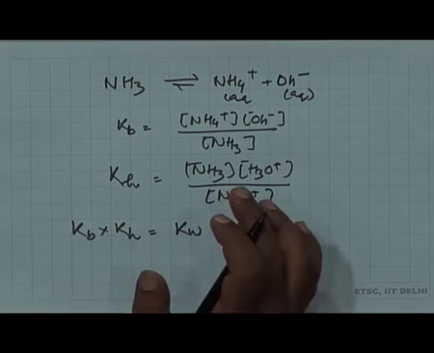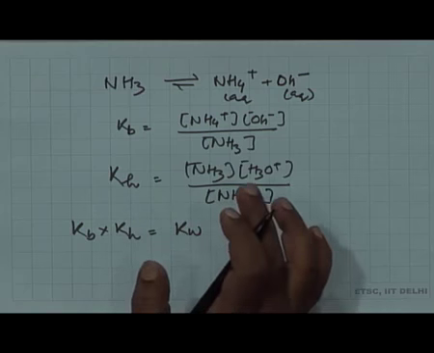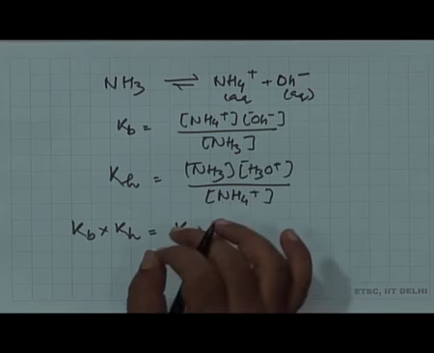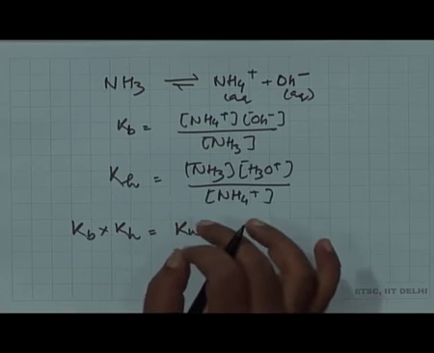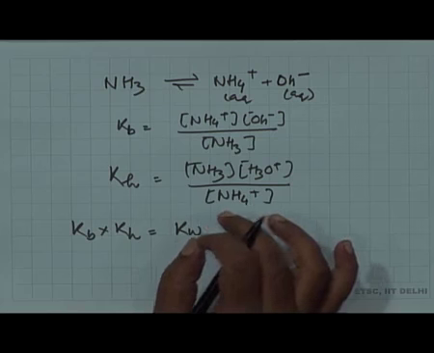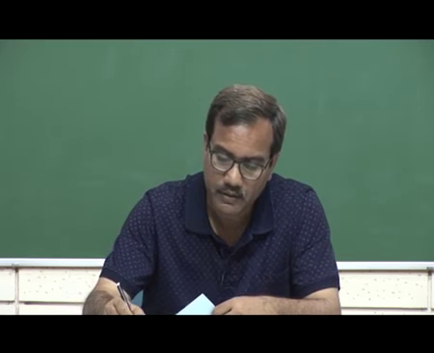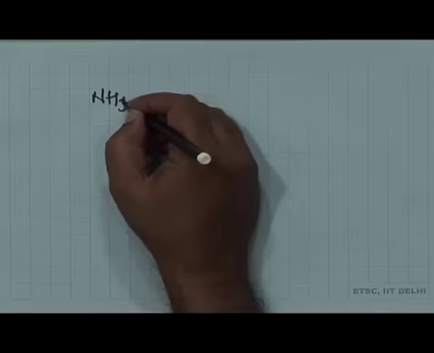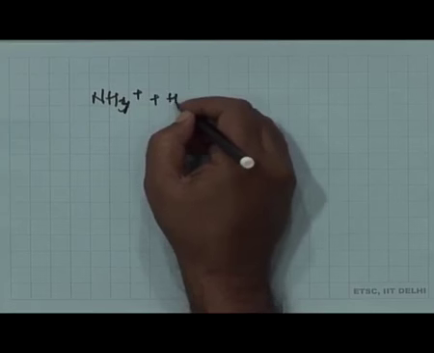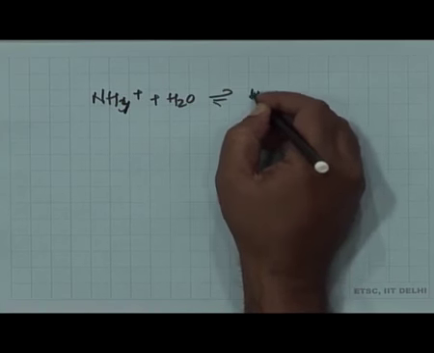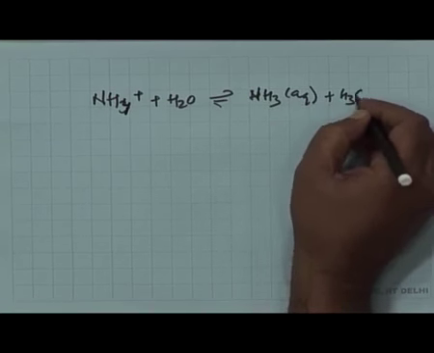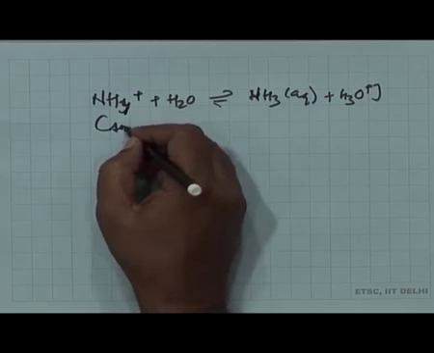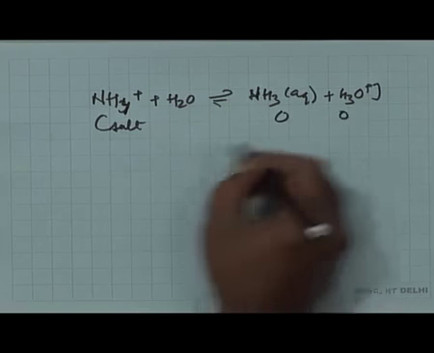If we know Kw and Kb of your weak base, we can calculate Kh, and once we know Kh, we can calculate OH minus ion concentration or H plus ion concentration. So, let us again write how we can calculate. This is NH4 plus plus H2O giving NH3 aqueous plus H3O plus. Initially, you have C, 0, 0.